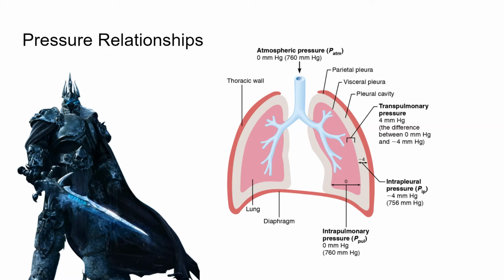Volume and pressure are inversely proportional. If the volume increases, the pressure decreases. The intrapleural pressure always wants to maintain this negative because it keeps the lungs inflated. If it's ever positive, it will press on the lungs and can cause them to collapse.